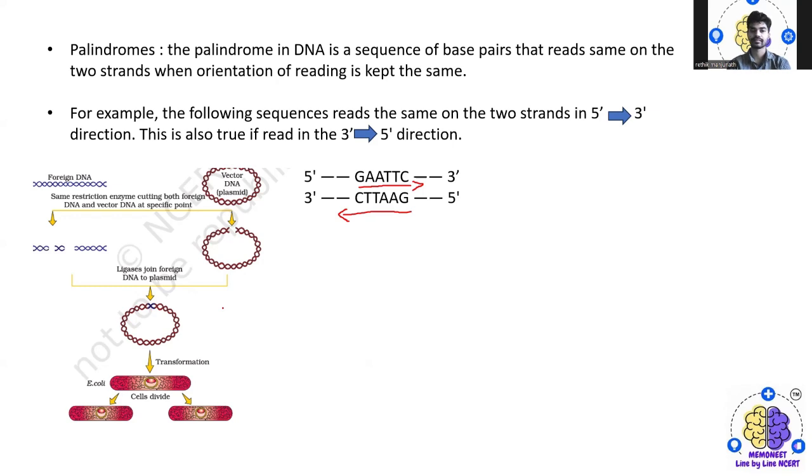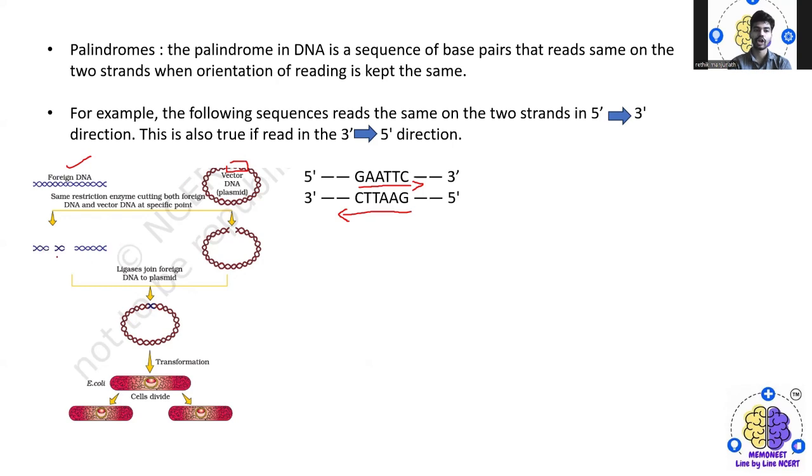Next, how do we incorporate a gene? We have a foreign DNA here. With the help of a certain restriction enzyme, we cut both the foreign DNA and the vector DNA at a specific point.